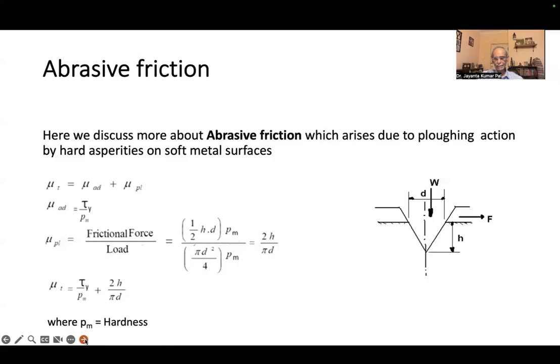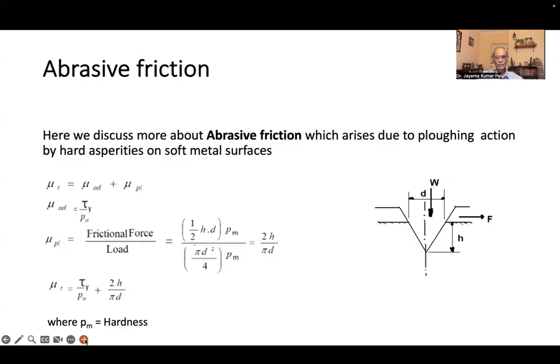It is quite clear that when the hard asperity digs into the small and soft surface, there has to be plastic yielding or plastic deformation. That's why the load is the projected area, pi d squared by 4, times pm, the hardness.